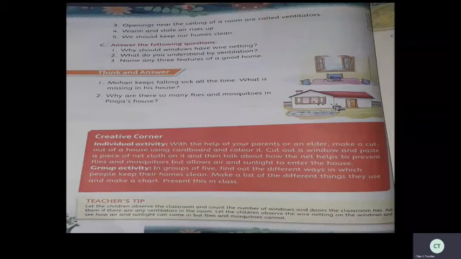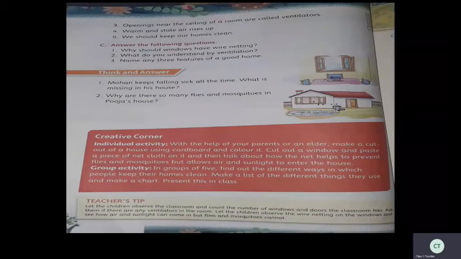The next question, name any three features of a good home. First point, a good home has doors and windows to allow fresh air and sunlight. Yes, that is the first point, children.